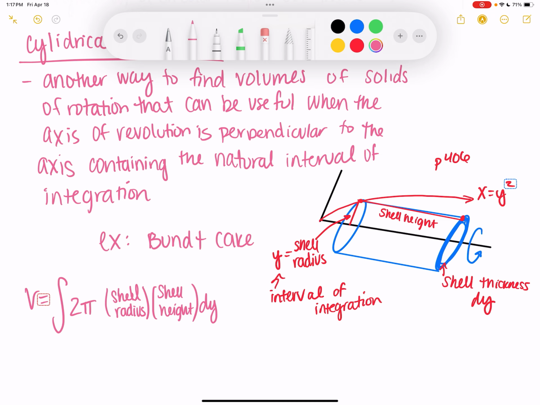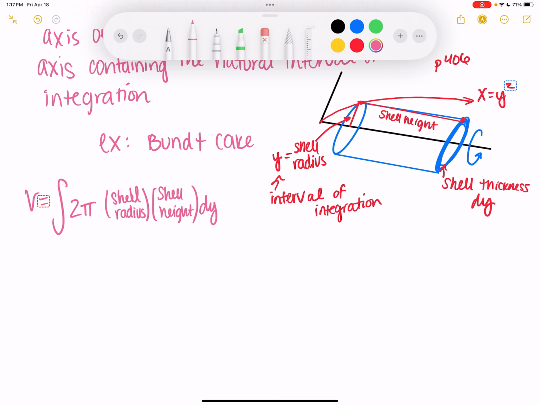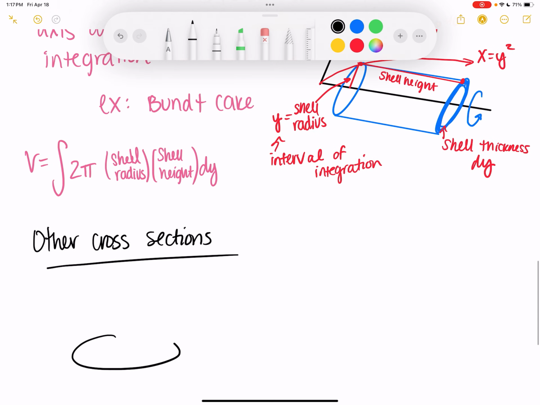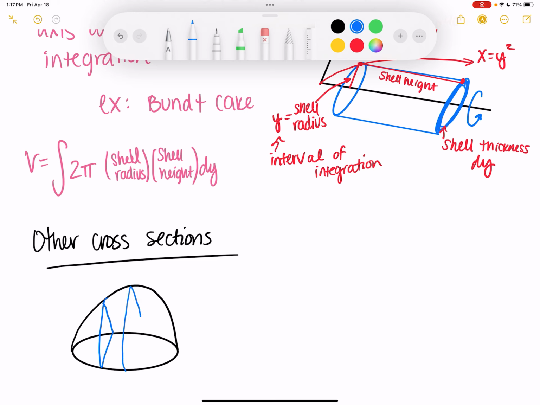And there's obviously other kinds of cross sections too. There's a ton you can see, but one that would possibly come up in our stuff is one that kind of looks like a mountain. And then your little cross-sectional areas would be rounded areas there.